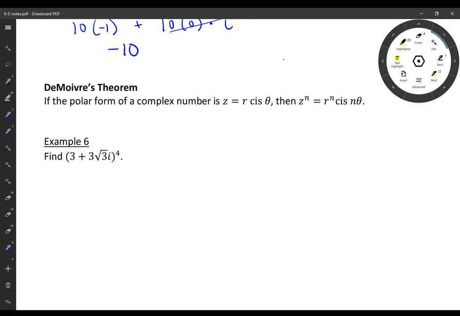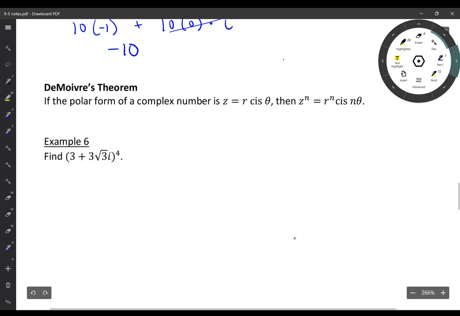So in example 6, I want to raise 3 plus 3 square roots of 3i, all raised to the 4th power. And I could use Pascal's triangle. I mean, I know how to expand binomials, but we're going to try using this polar form using DeMoivre's theorem instead. So what I'm going to do is I'm first going to change it to polar.